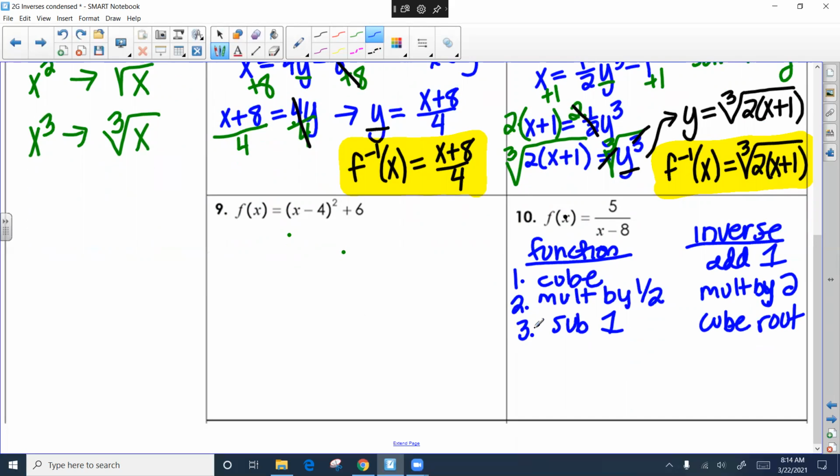On our inverse function, we have to go in reverse order to get rid of these. So that's why the order we do these in does matter. Okay, so here we can see in our inverse function, we would add 1 first, multiply by 2, and then do the cube root. Okay, so let's stop there for right now and do some practice.